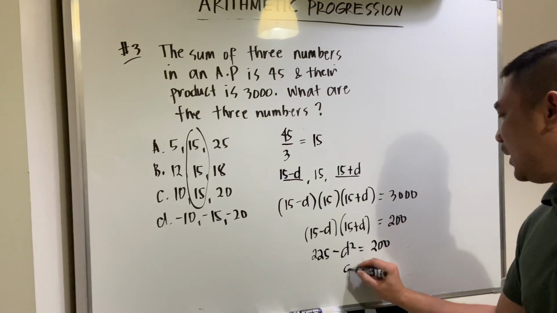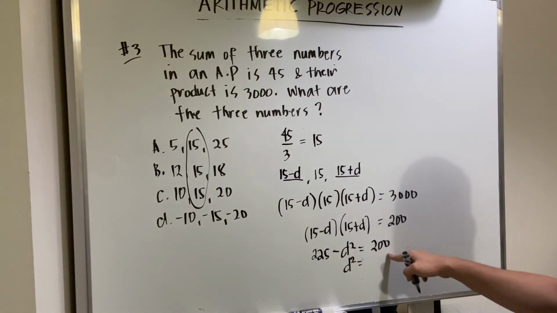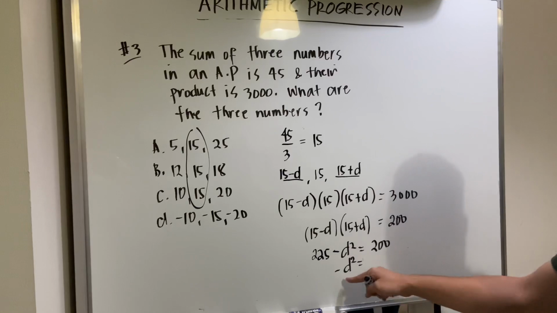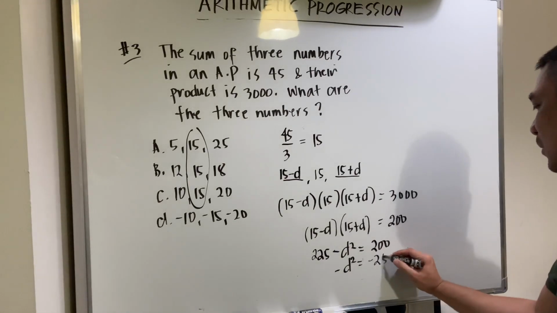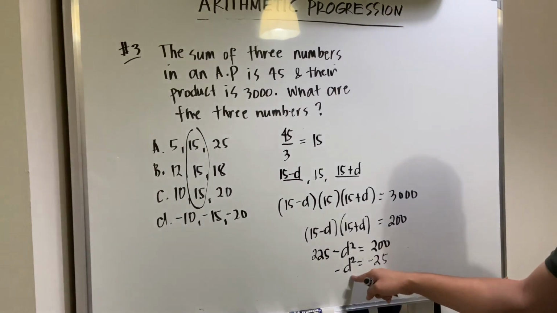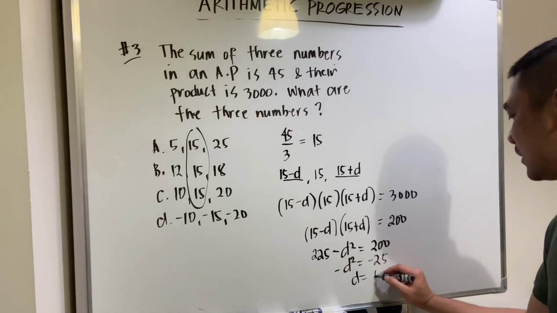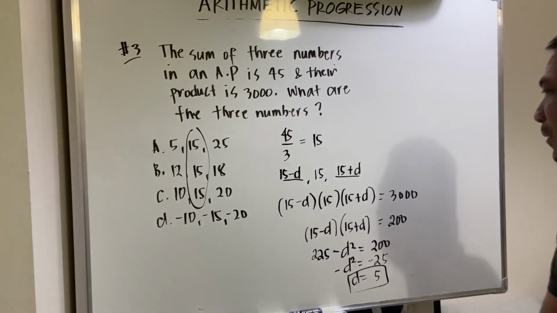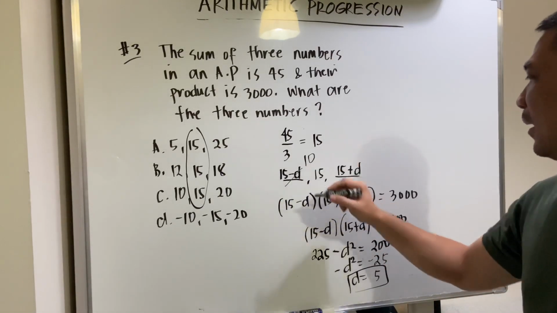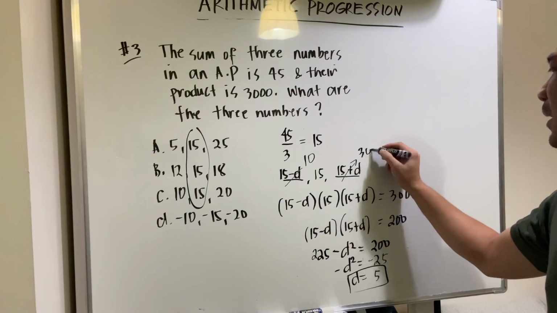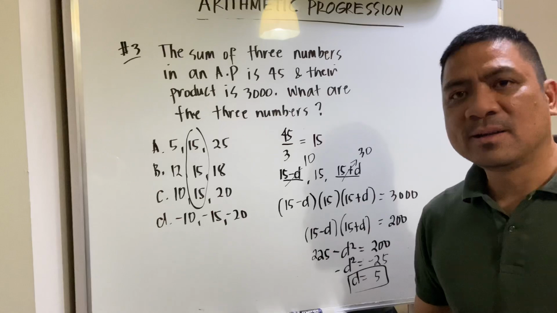So d squared is equal to 200 minus 225, it's negative 25. So the negative cancels out. So d squared is 25, the square root of 25 is 5. So the common difference now is 5. Okay? So if the common difference is 5, then the first term is 10 and the third term is 20, which gives us 10, 15, 20, which is letter C.